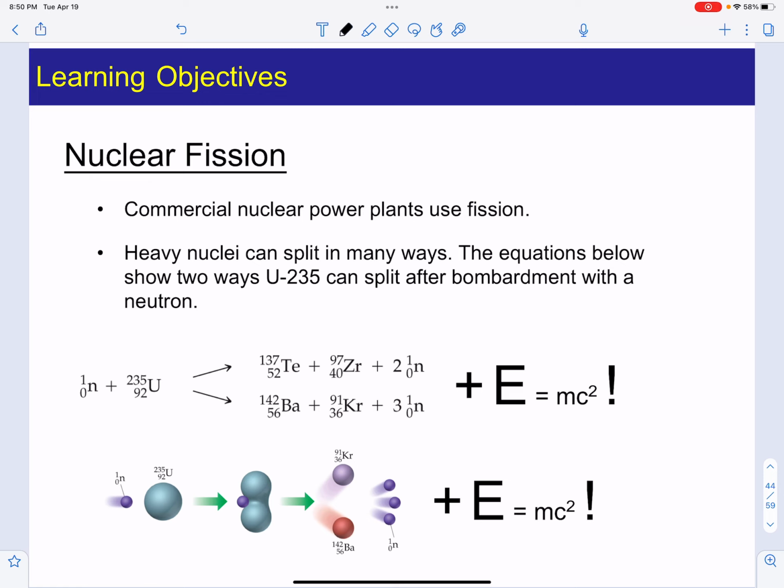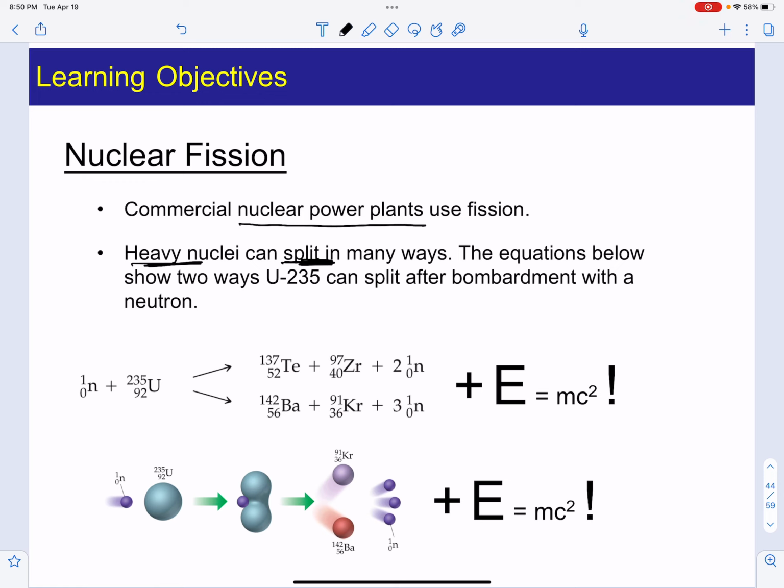Let's talk about fission first. Fission is what we use in our nuclear plants. It's also the process used in nuclear bombs and things like that. And it's nothing more than splitting a heavy nucleus. It can happen several ways.